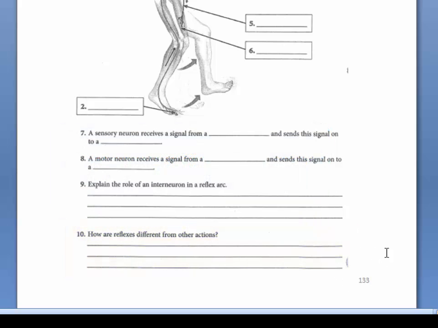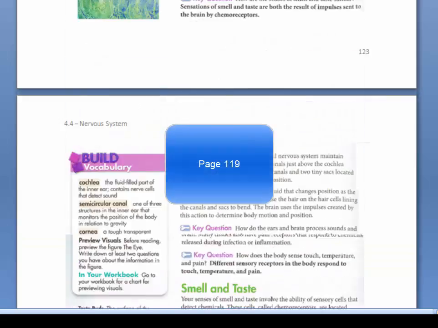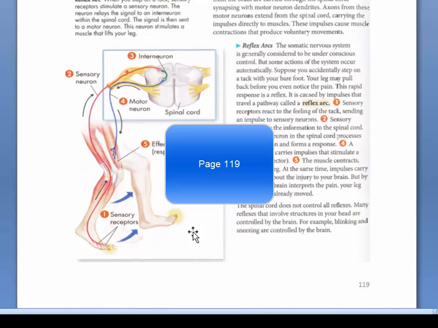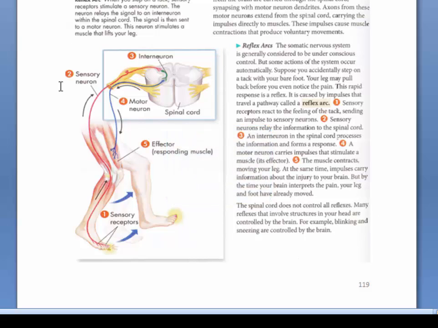Now the answers to these questions are on page 119. You have the diagram right here that you'll use for the quiz. And this section right here talks about the difference between voluntary actions and involuntary actions.